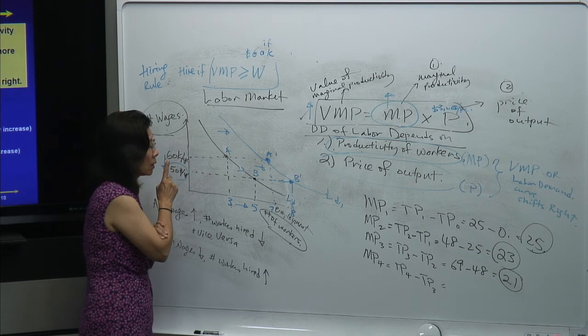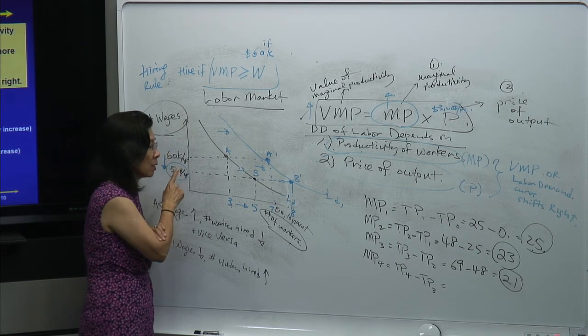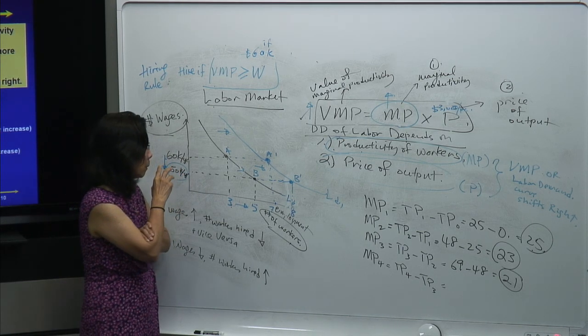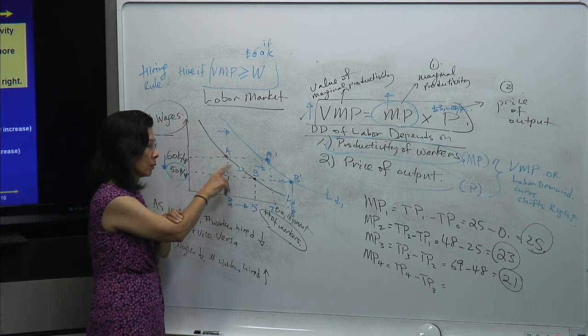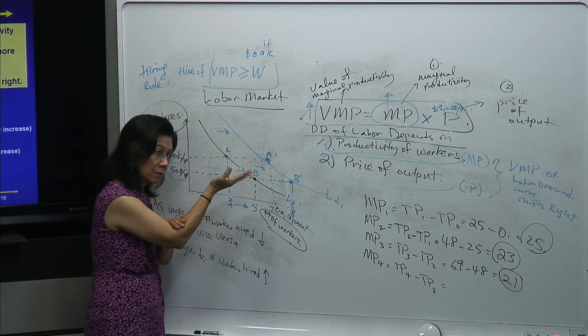Now, if you're only talking about the wages going up or down, from 50K to 60K per worker per year, then you're only talking about movement along the demand curve, from point A to point B. You're not shifting the graph.